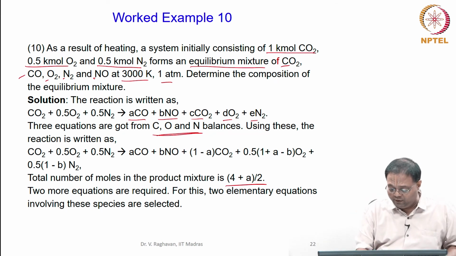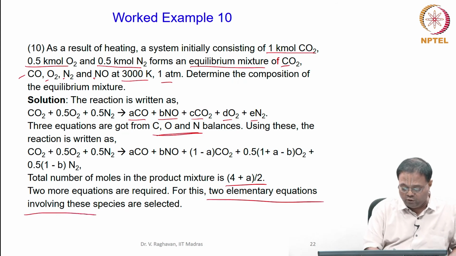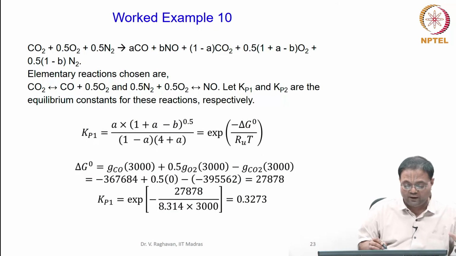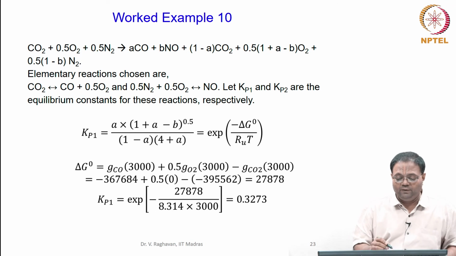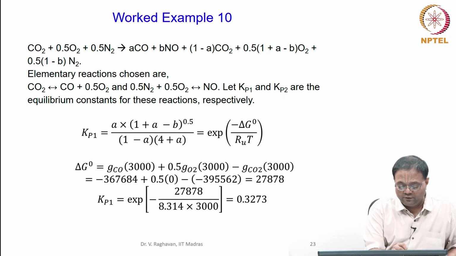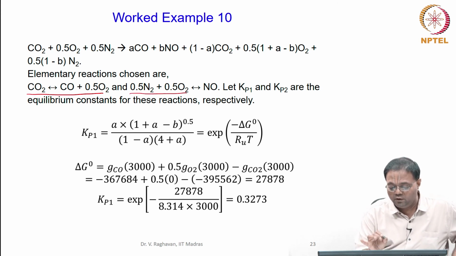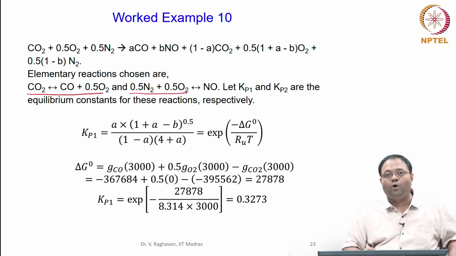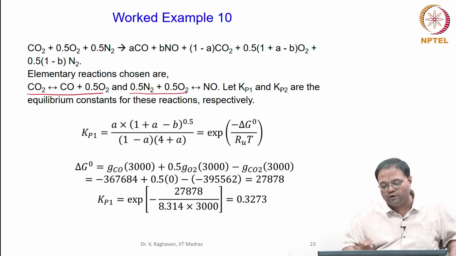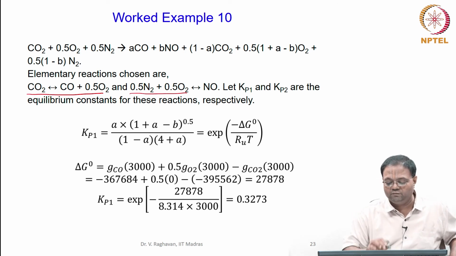So now 2 elementary equilibrium equations are going to be used for this. So what are they? Obviously CO2 giving CO plus half O2 will be the first one. Then N2 plus O2 giving 2 NO, or half N2 plus half O2 giving NO. That is the second equation we use.